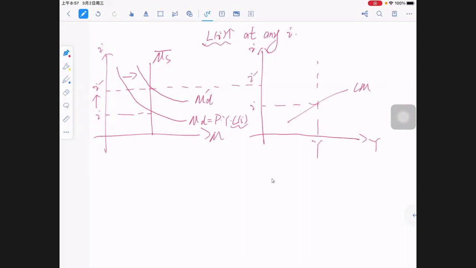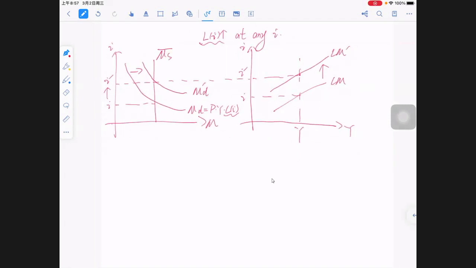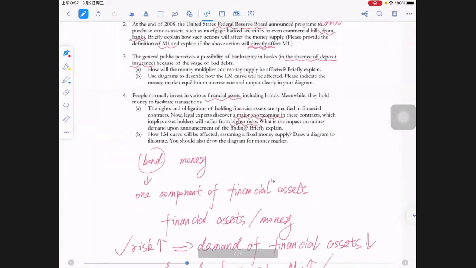Then it should be an upward shift of the LM curve, right? So two points: first, money supply unchanged, and second, the risk just affects this component L(i), so the output Y is unchanged. You should clearly indicate these two points to answer this question.